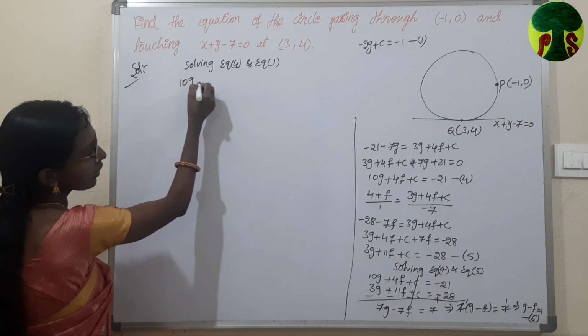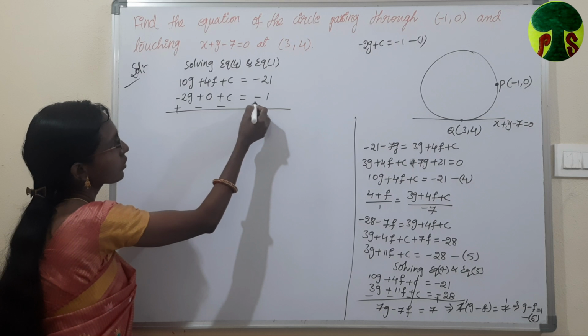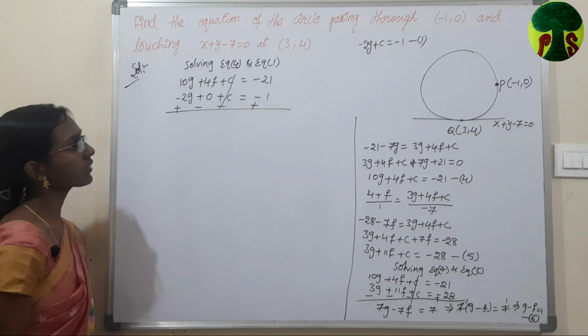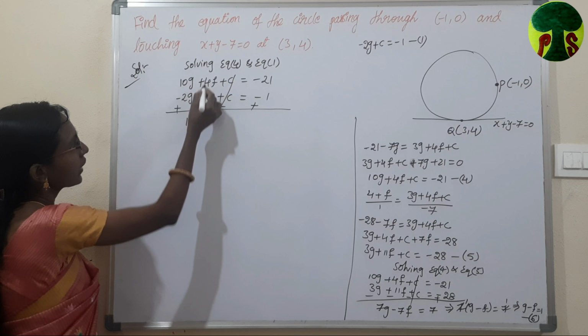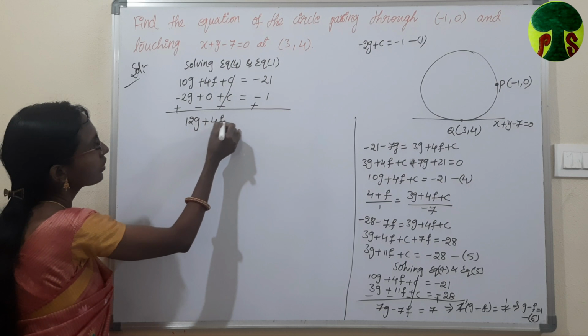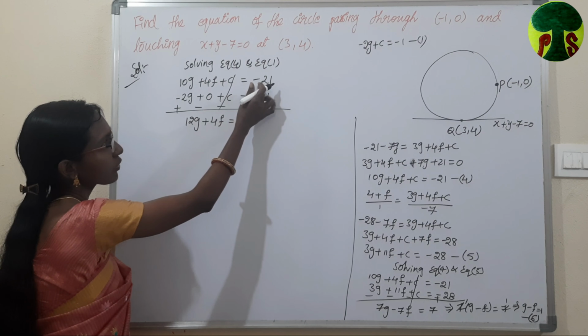There is no f term, 0, plus c is equal to minus 1. Again minus into minus is plus, plus c, minus c gets cancelled. 10g plus 2g is 12g, and plus 4f is equal to minus 21 plus 1, which is minus 20. Let it be equation 7.